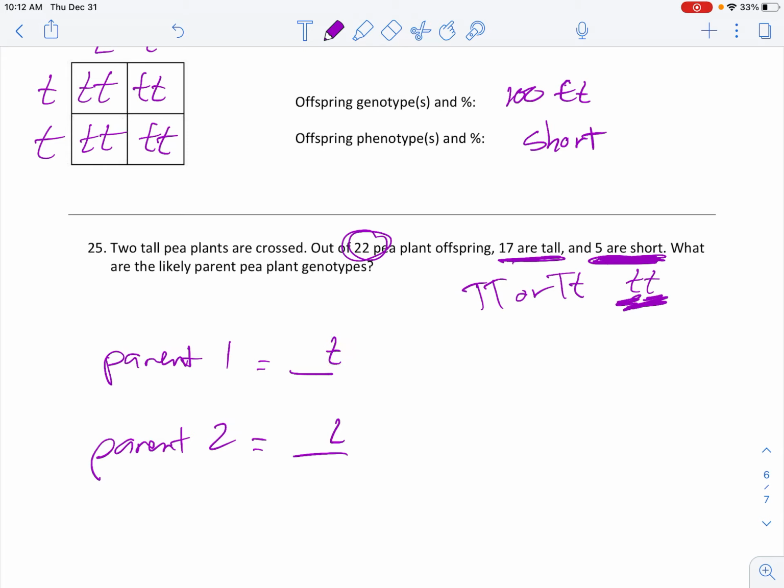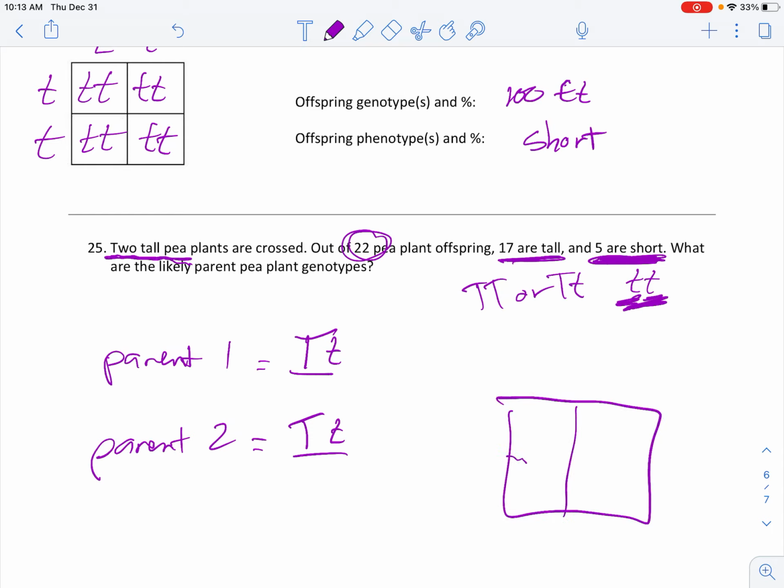So we know for sure that each parent has at least one little t. And it also says in this word problem that the pea plants are tall themselves. 2 tall pea plants are crossed. Okay, well, that means that the parents also have to have the dominant genotype, or dominant version of the gene, so the dominant allele. So the parents have to both be big T, little t.